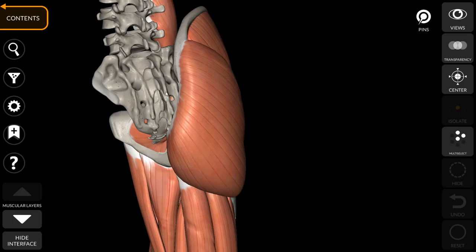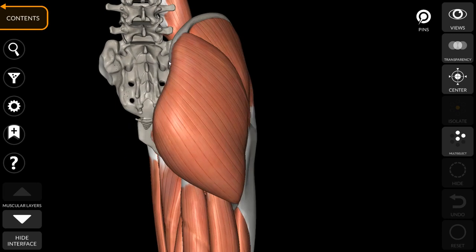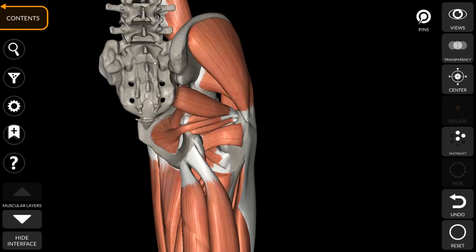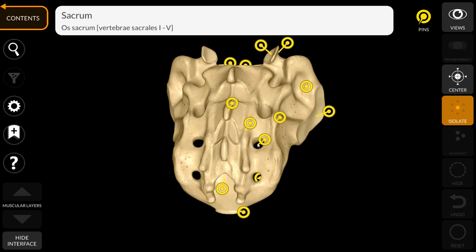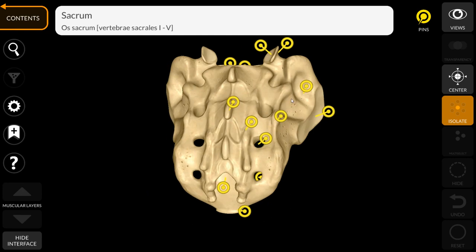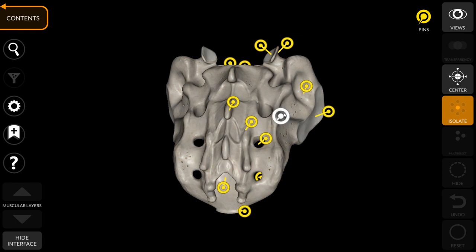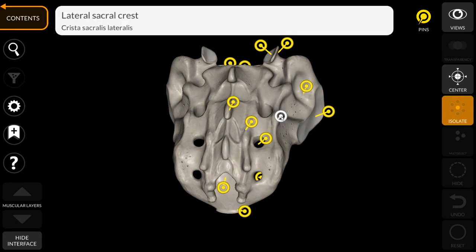Okay, posterior to the sacrum, right? Or somehow we can say it attached to the sacral crest. This is your sacrum actually, class. See, the lateral margins of the sacrum posteriorly, this is what we call as the lateral sacral crest.